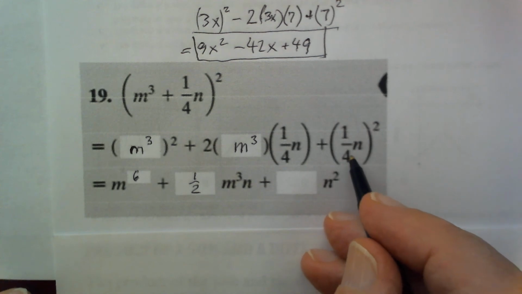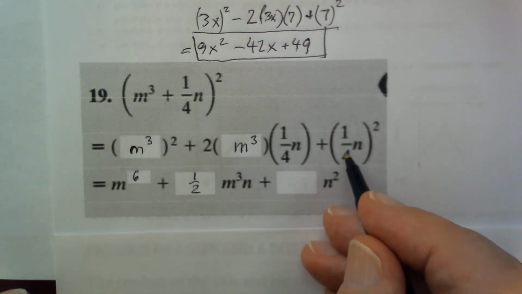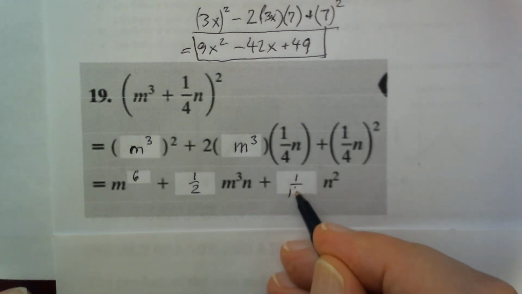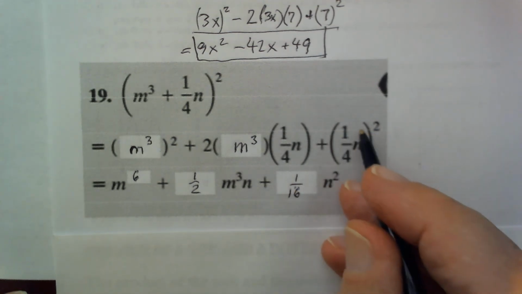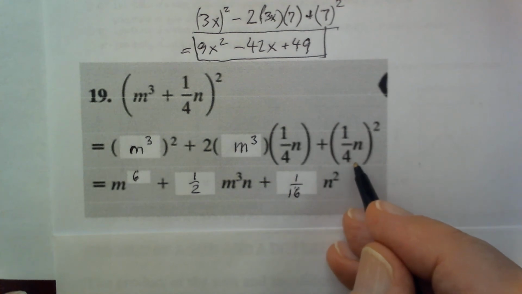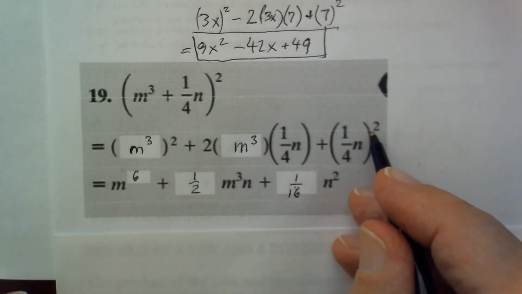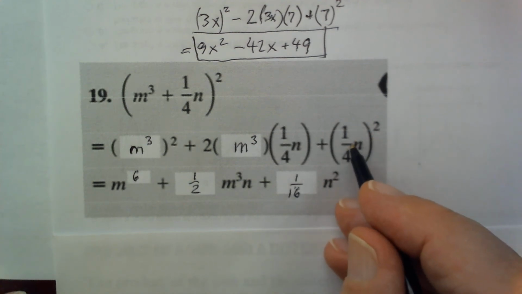And then here we square this expression. That means we square 1/4, which is 1/16, and we square n. So that would be n squared. This part here is again on page 26, and it's the power of a product. 1/4 times n is a product. We multiply 1/4 times n.